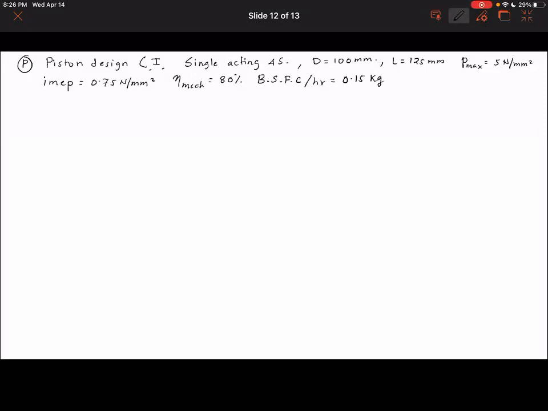And the calorific value, HCV, is 42 times 10 to the power 3 kilojoules per kg. Speed is 2000 RPM.